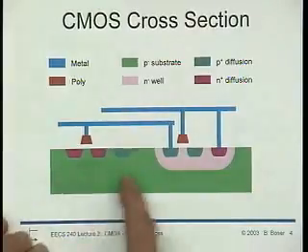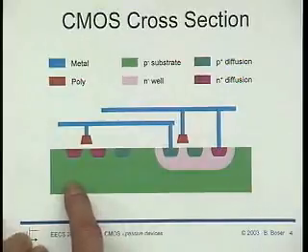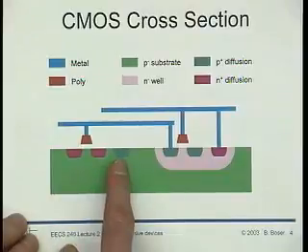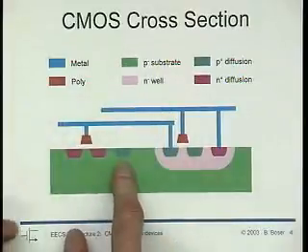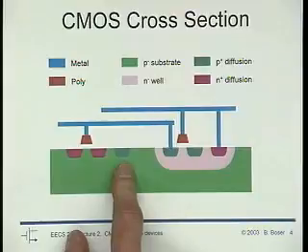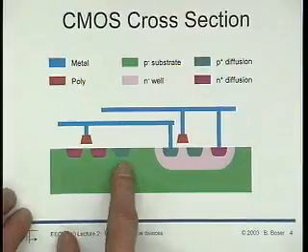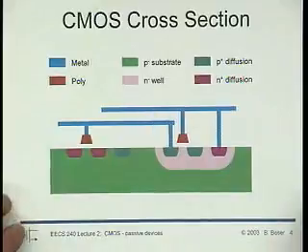So we want to know what the potential is of this substrate. We want to nail it, and how do we do that? Well, we make a contact to it. Now, to make a contact, we don't want a diode, so we actually use a P plus diffusion. Again, SPICE couldn't care less. Leave it away, SPICE, everything works out honky-dory. If you forget it, your IC will not work honky-dory.